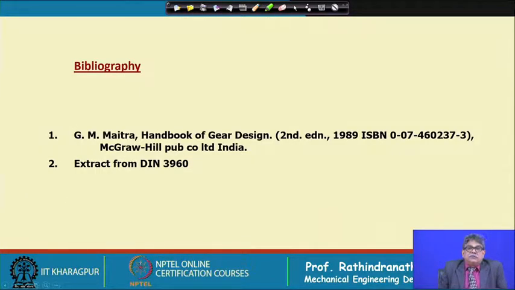So, for this lecture I have followed different sources, but mostly I have followed G. M. Maitra's book. So, I acknowledge very much that he has written the gear correction in a very concise form. I have also consulted Dean and the Indian Standard.